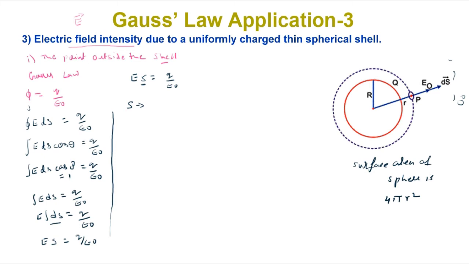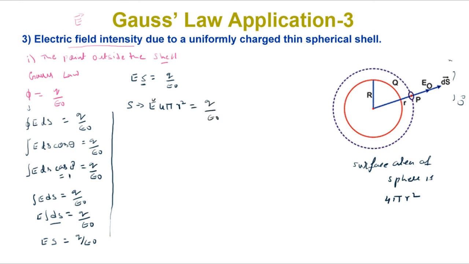Here r is the radius from the center to this point P. Small r is the radius from the center to point P, while capital R is the radius to the surface of the shell, so we have to take small r. 4 pi r square is the surface area of the sphere. Now I will substitute it here: E into 4 pi r square is equal to Q by epsilon naught.